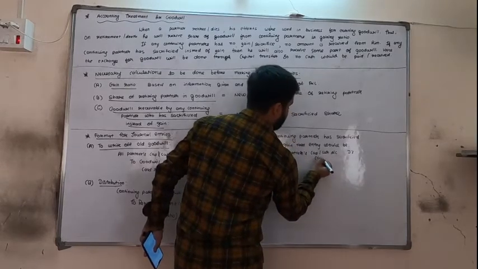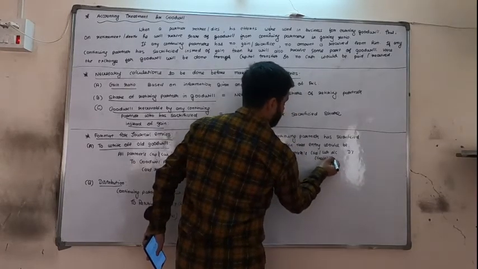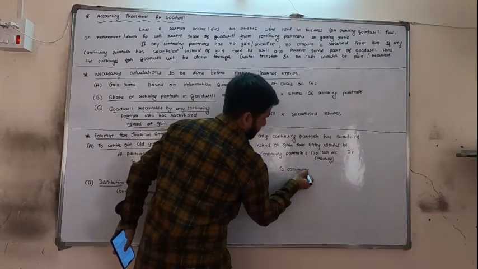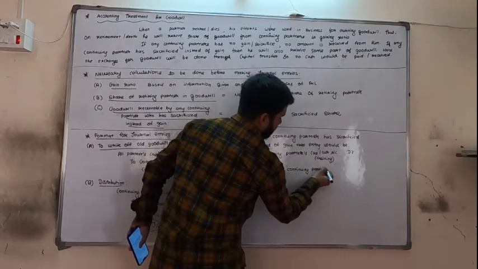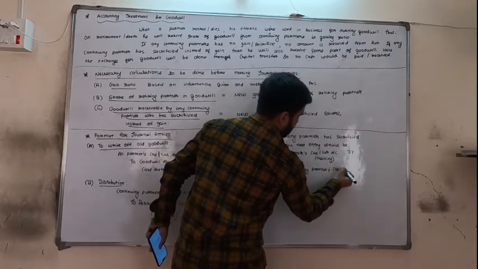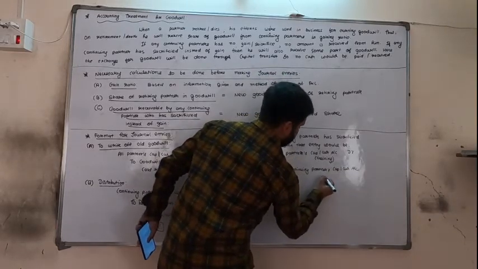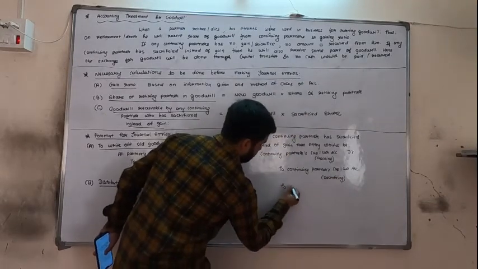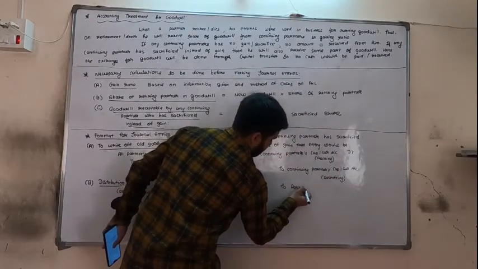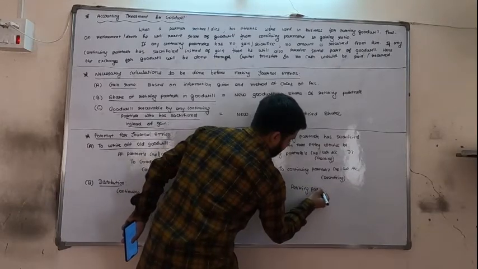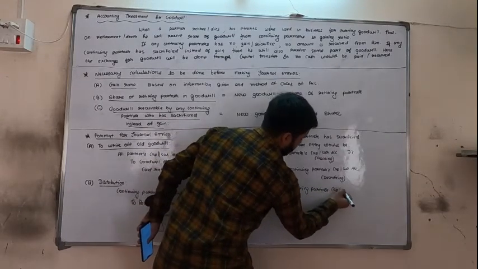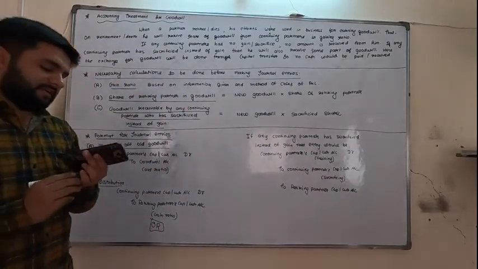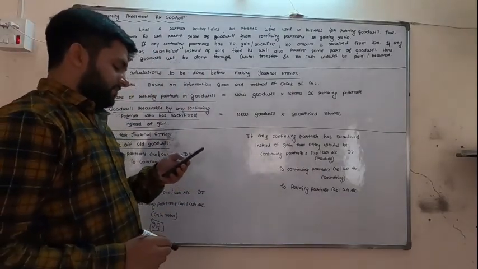These are the partners who are gaining, to continuing partners' capital or current account. These partners are sacrificing, to retiring partner's capital or current account. So these are the things to be remembered.